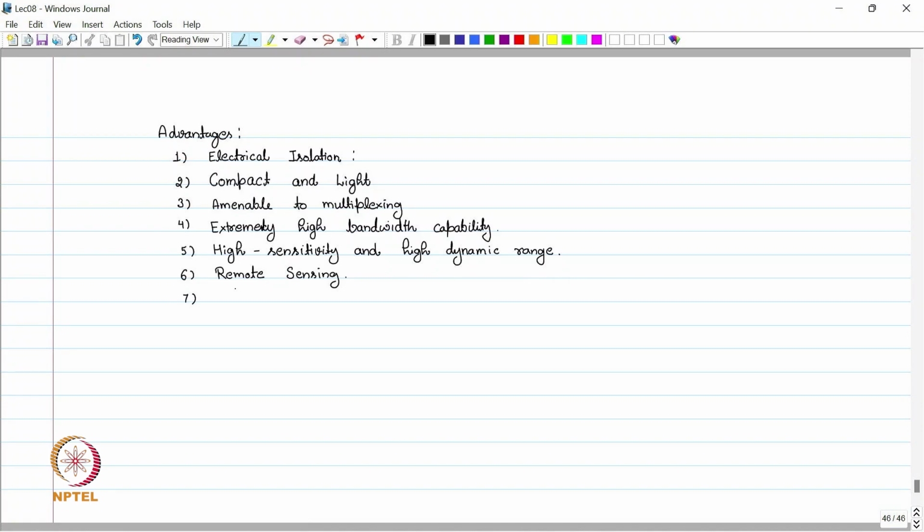The other advantage is the ability to embed in unfriendly or harsh environments.